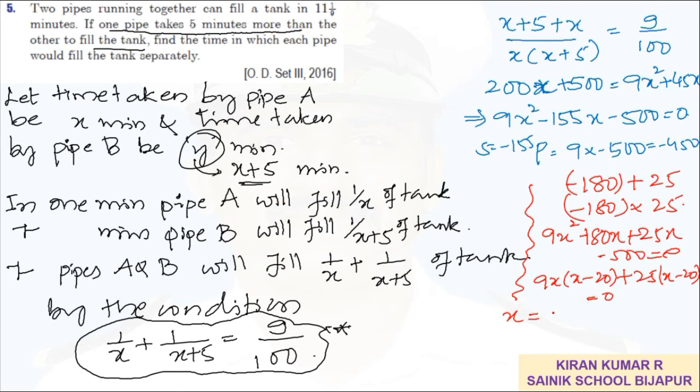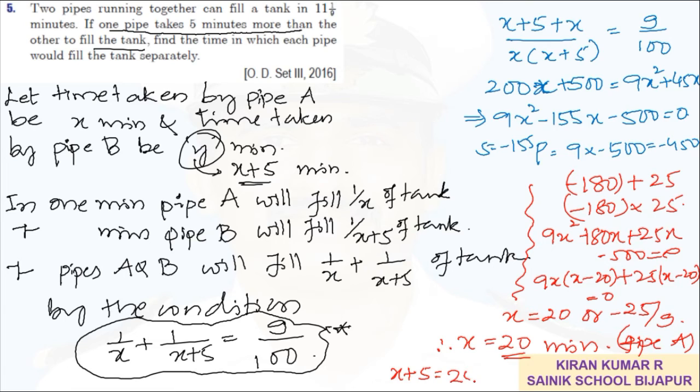So the x value will be obtained as positive 20 or negative 25 by 9. The time taken will not be negative, therefore x should be considered as positive 20 minutes. That is for pipe A. For pipe B, it is x plus 5, which is 25 minutes. These are the times taken.